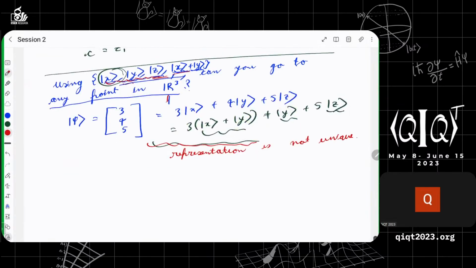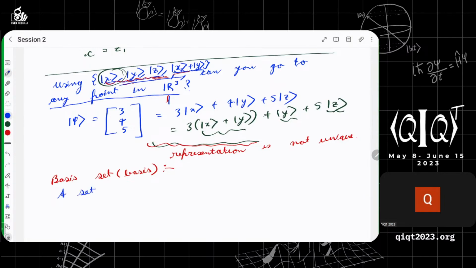Now we will try to define what a basis is formally, and we will try to say which of these examples that we have taken actually forms a basis. It's a basis set, or sometimes we just call it simply a basis.